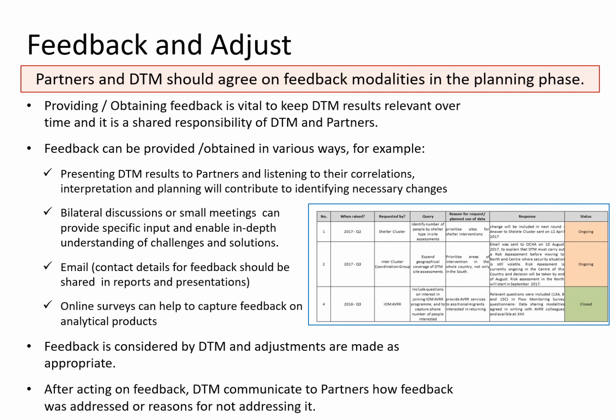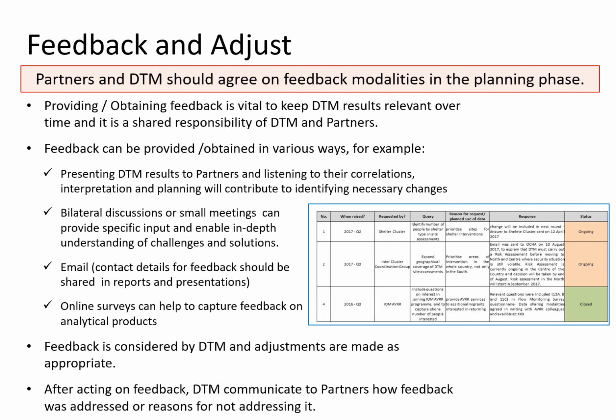Feedback can be provided through email. In fact, contact details for feedback should always be present in reports and presentations, as well as sometimes online surveys, and those can really help to capture feedback on the use of the analytical product and the perception of the analytical product.